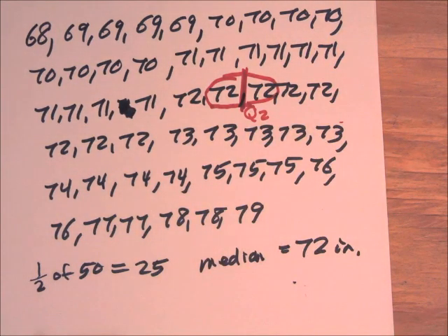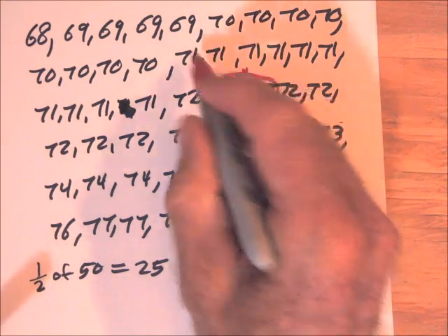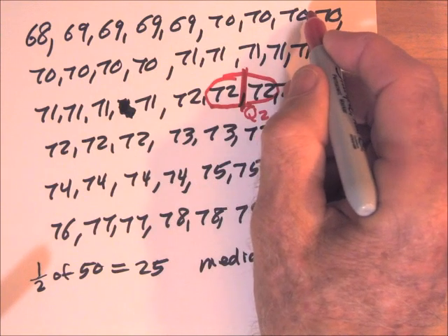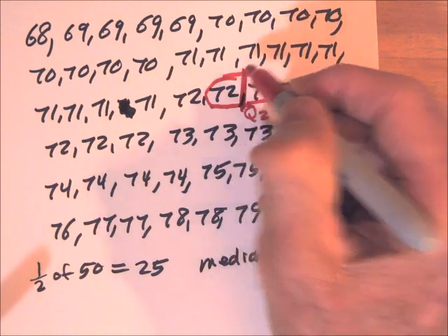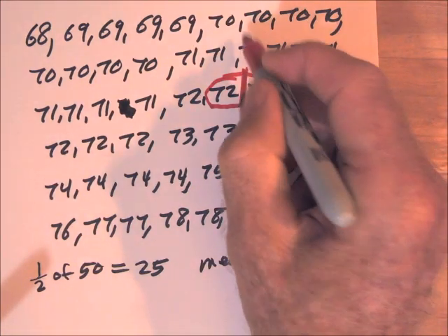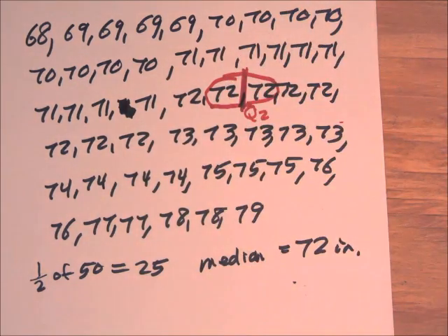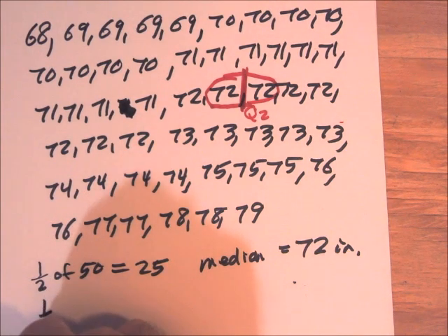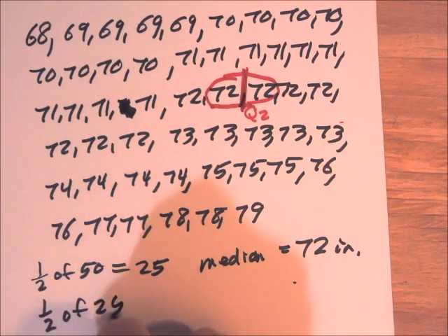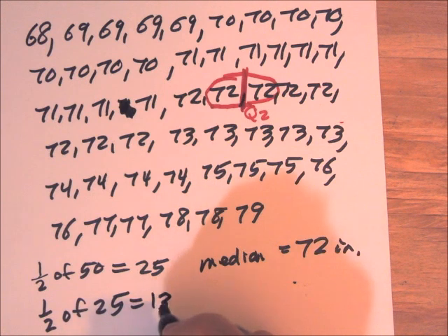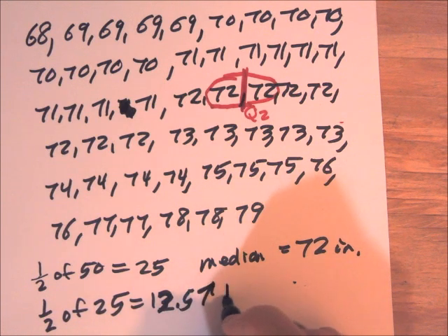If we first take the lower 25 numbers and find the median of those, half of 25 is 12.5, which we round up to 13.